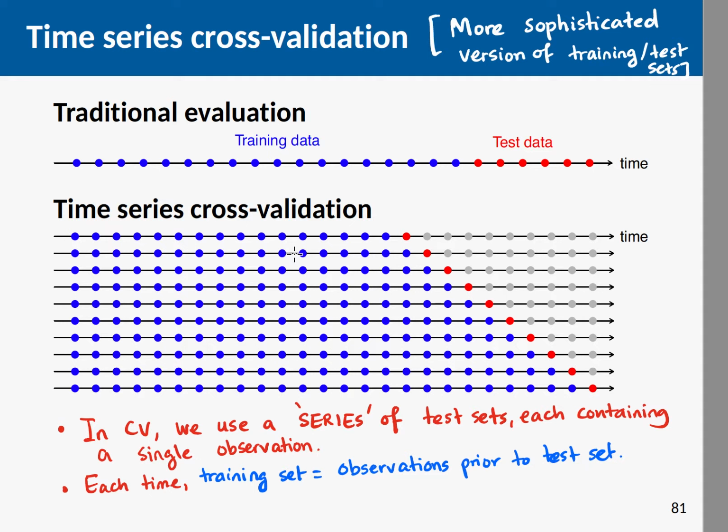At each point, you add some data to your training set and use all of the values prior to the red dot to compute the forecast one step ahead. So each time your training set contains the observations just prior to the test set.